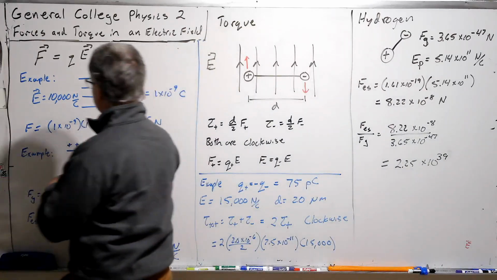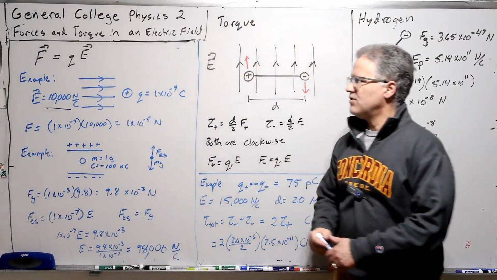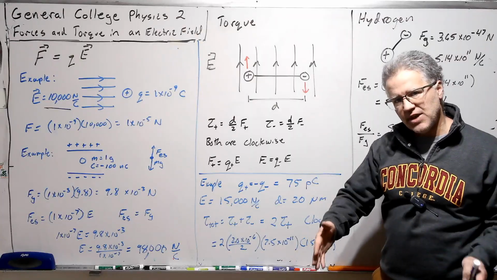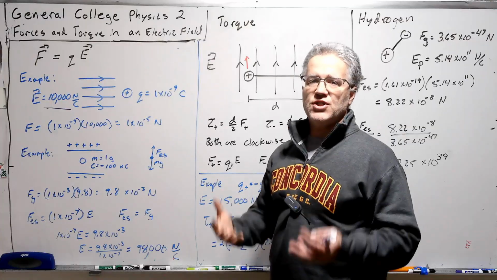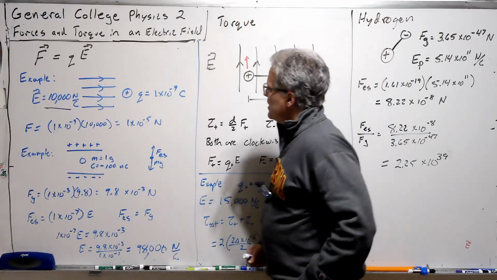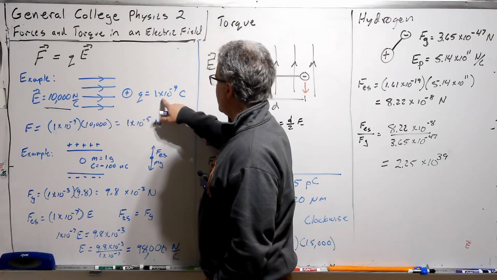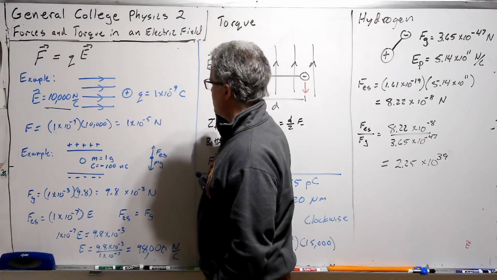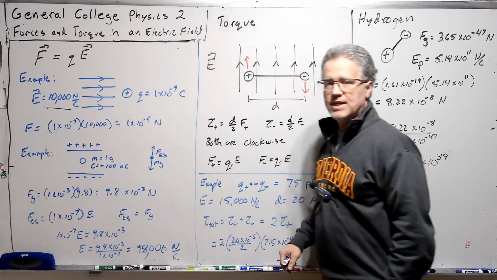Let's say we have a uniform field of 10,000 newtons per coulomb. So maybe we set this up with a parallel plate capacitor, or we're sufficiently close to a charged surface. And we have a particle with 1 times 10 to the minus 9 coulombs of charge.